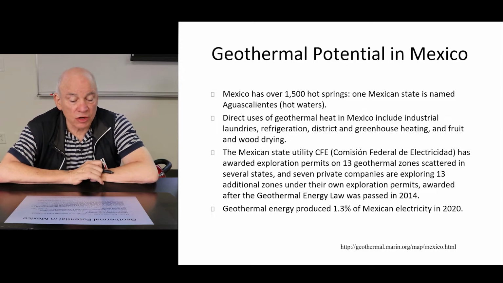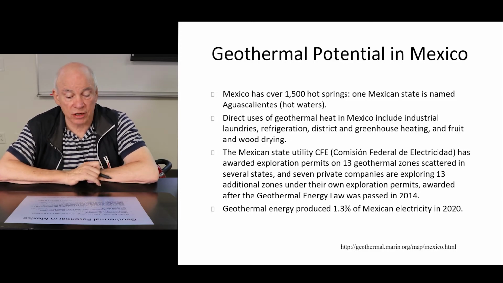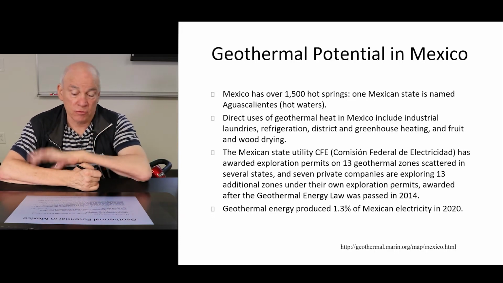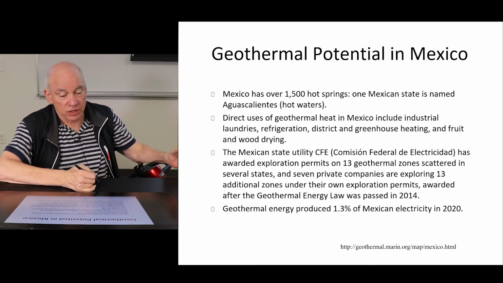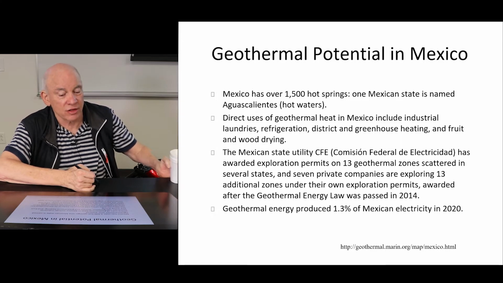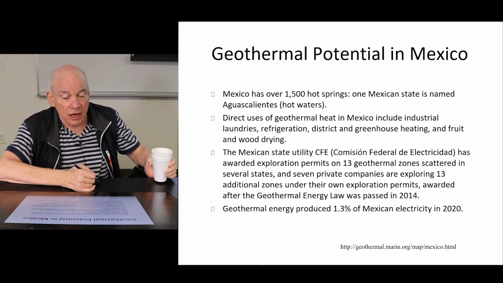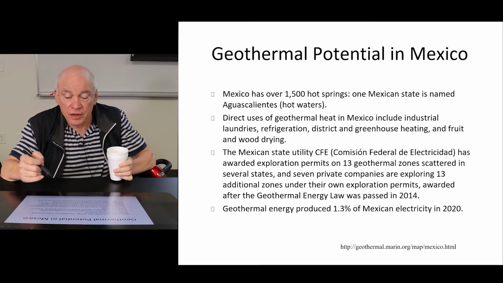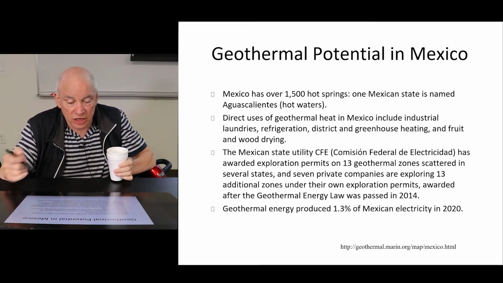All right, so there's a lot more geothermal potential in Mexico. It has over 1,500 hot springs. One Mexican state is named Aguascalientes, which means hot water, so that's a good sign. There's lots of direct use of geothermal energy in Mexico, including industrial laundries, refrigeration, district greenhouse heating, and fruit and wood drying.